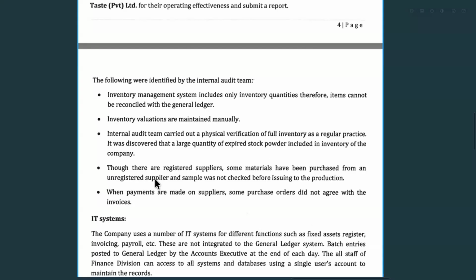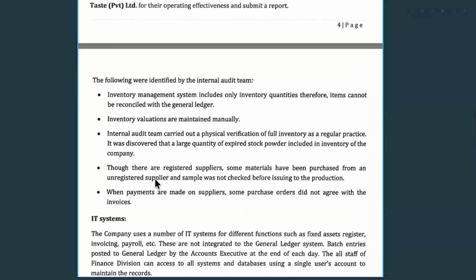Can you remember, my dears, when I was talking about the procurement process? First, we have to take the quotation, we have to evaluate the quotation, and we have to compare the prices as well as the other conditions, their time of delivery, their reliability, how long they have been in the market. We have to check all the things to decide the registered supplier, and we have to register the suppliers in our system.